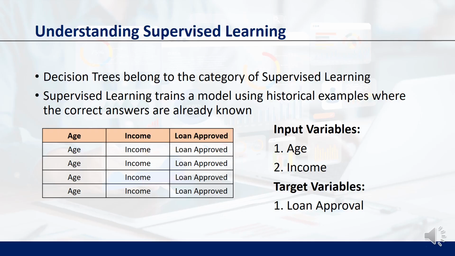After training, when a new customer applies for a loan, the model can use the customer's input information to predict the target. This is the basic supervised learning process. Decision trees are particularly interesting because the learned decision process can be represented in a form that humans can easily follow.